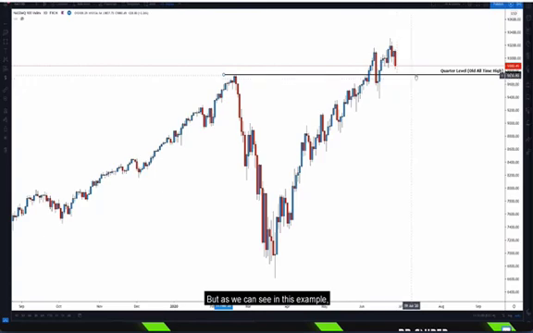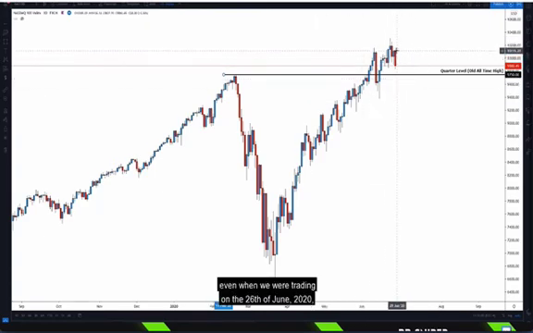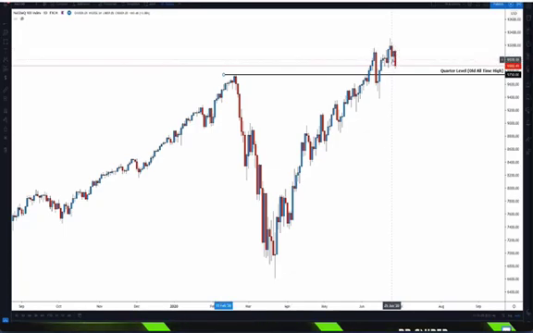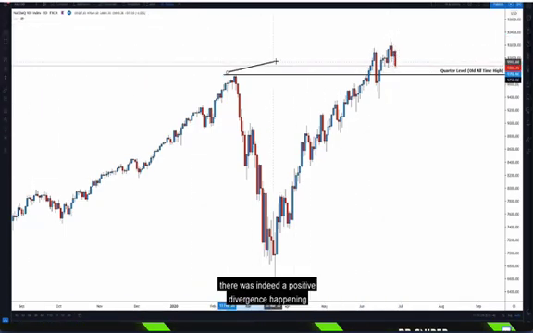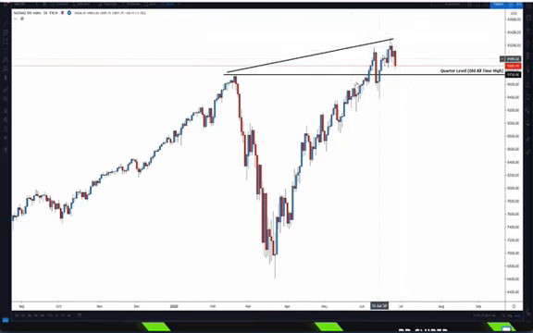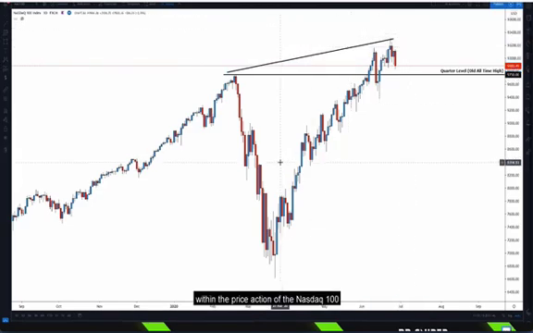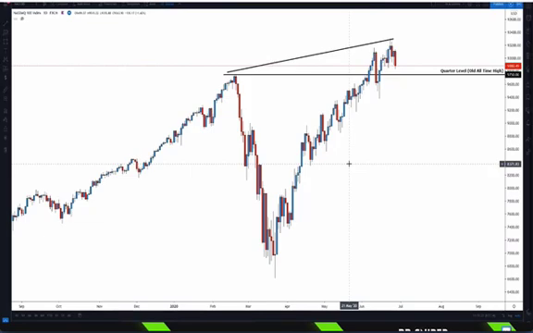But as we can see in this example, even when we were trading on the 26th of June 2020, there was indeed a positive divergence happening within the price action of the NASDAQ 100 in comparison to the S&P.